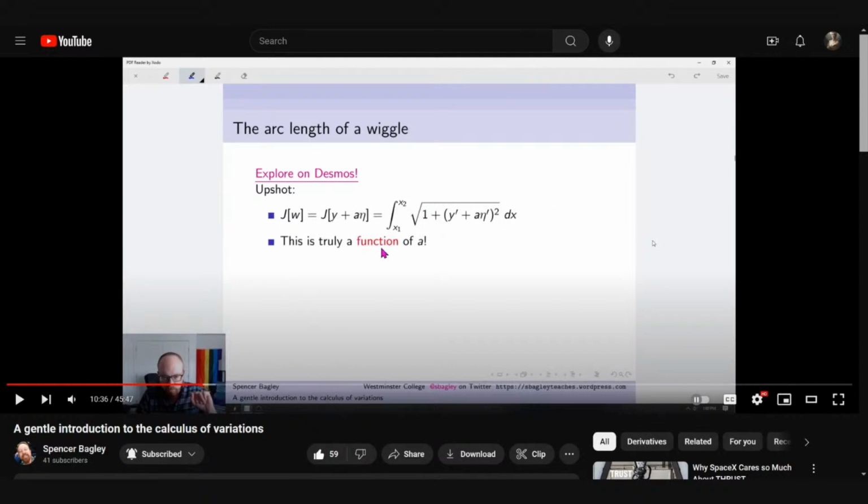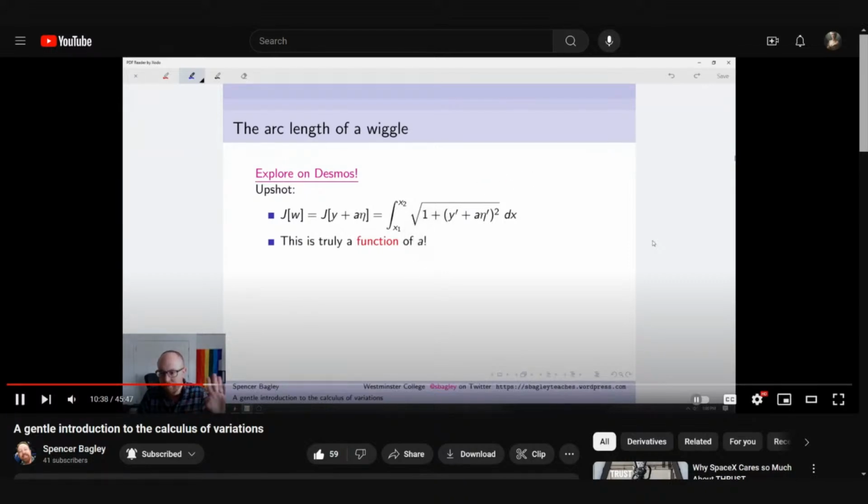This is truly a function of a. Oh, wow. So the functional of w is a function of a because a is the parameter with which we're playing around. Fascinating.